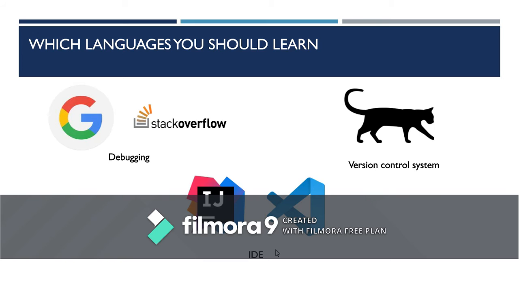I think I'm saying it correctly, so don't mind if it's wrong. Google and Stack Overflow are called debugging apps, and this is the version control system. IntelliJ and Visual Studio are the IDEs.